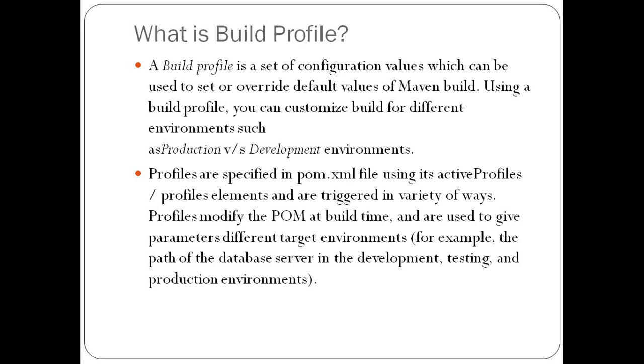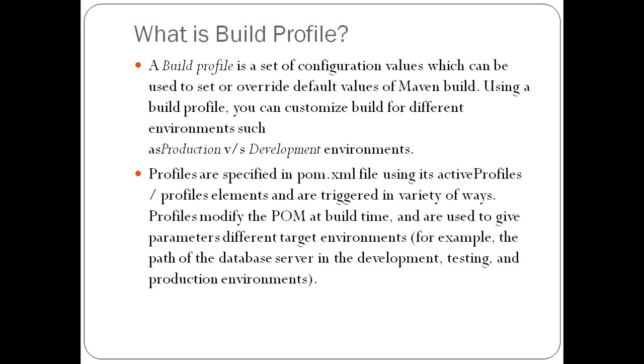Suppose you want to build for a Windows environment, a Linux environment, or a production environment, development environment, staging, or UAT. We can do some customizations with the profiles. Profiles are specified in the pom.xml file, and using the active profiles or profile elements, it will trigger the profile activation.